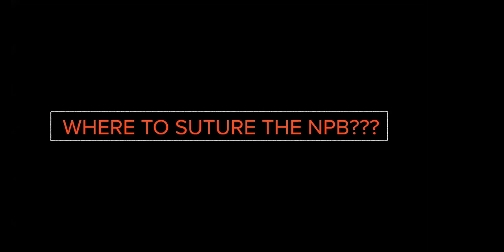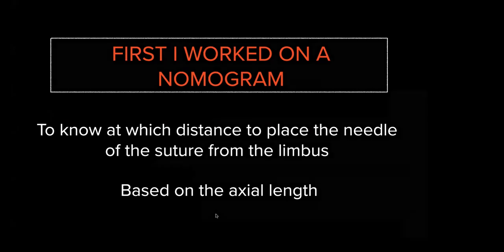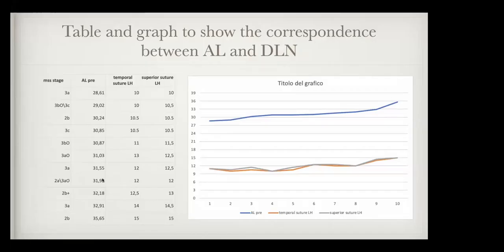I'm also trying to figure out and tell you where to suture the buckle in order to standardize the technique. I started by creating a nomogram using the same buckle to tell you exactly at which distance from the limbus to place the suture based on the axial length.